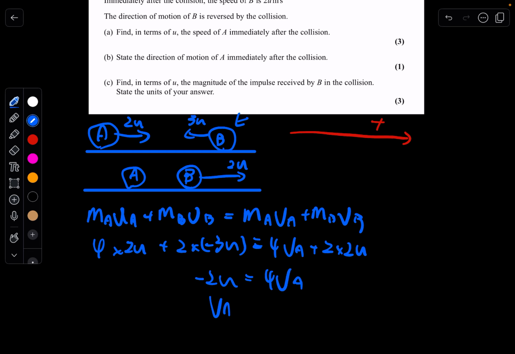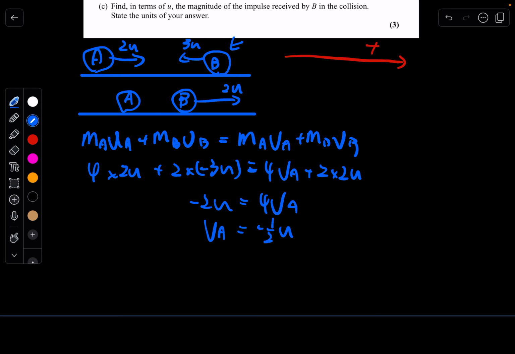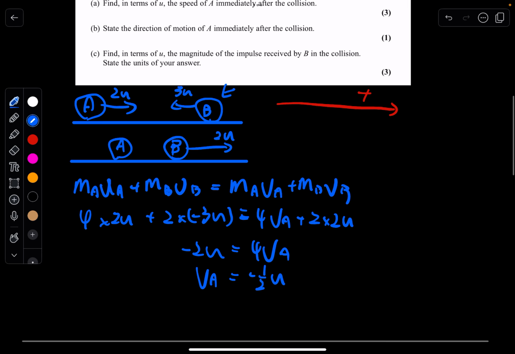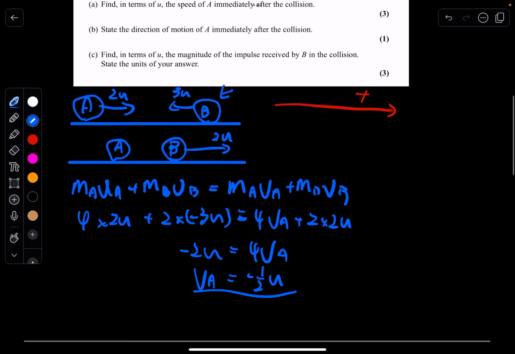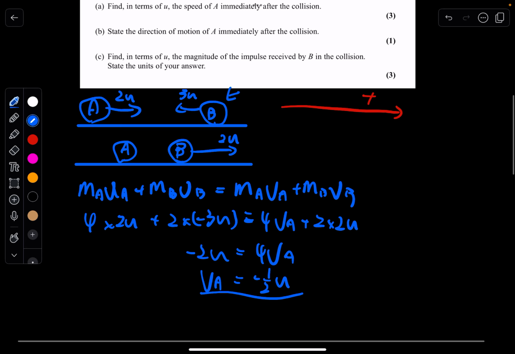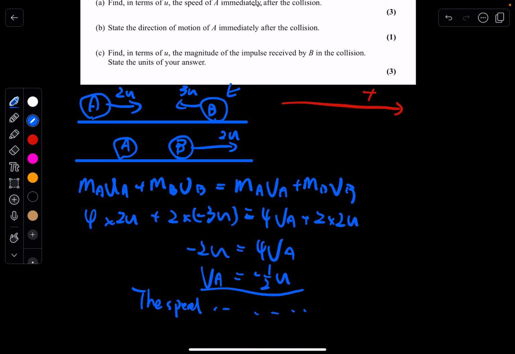So vA equals negative 1/2 of u. And then, we can't just write this as the answer. It's weird, but we have to write the speed of A immediately after collision is 1/2 of u.